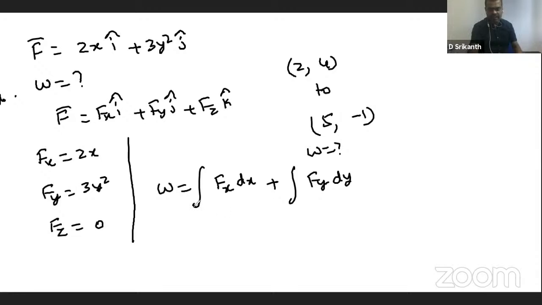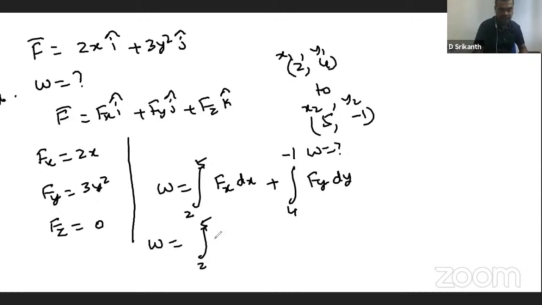Fz is 0, so that part is 0. Between the initial position x1, y1 and final position x2, y2: x1 to x2 means 2 to 5, and Fy from 4 to -1. Initial position is 4, final position is -1. So work done equals integral from 2 to 5 of 2x dx plus integral of 3y square dy.